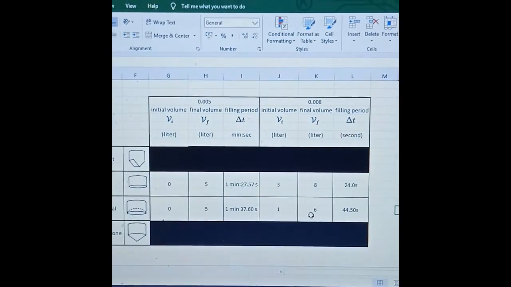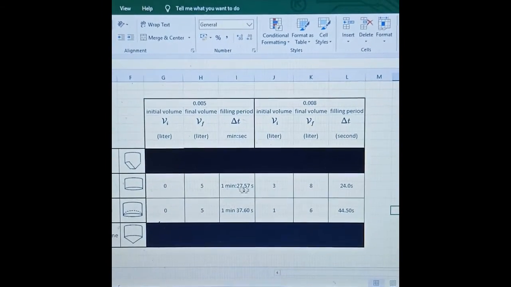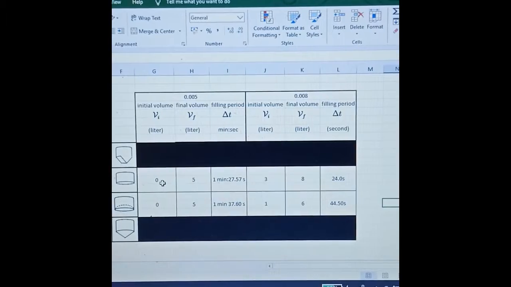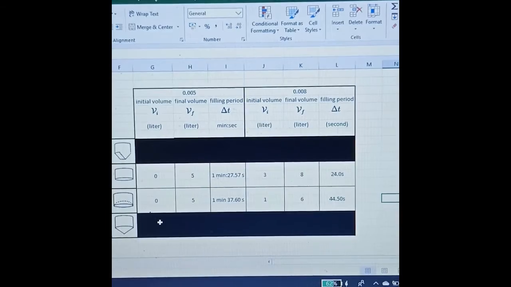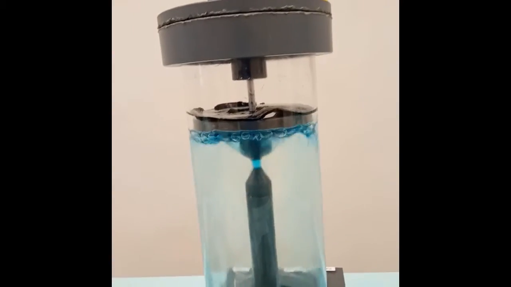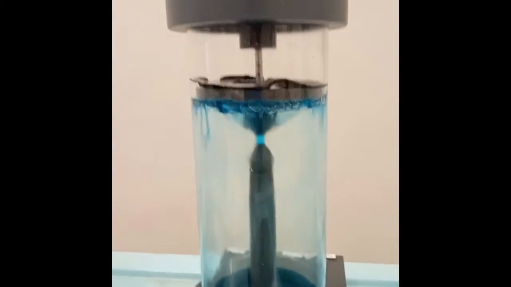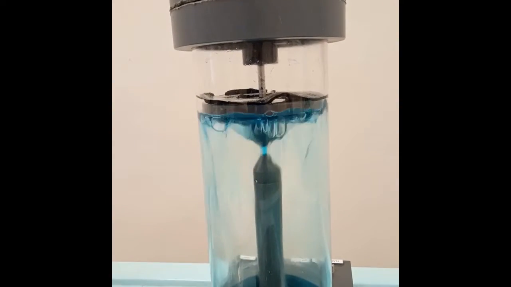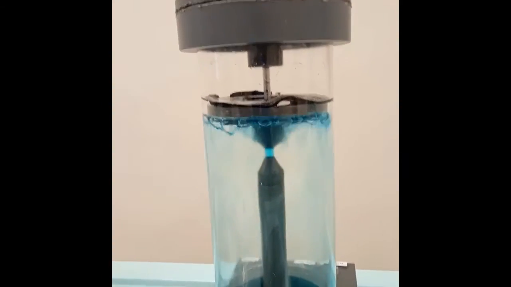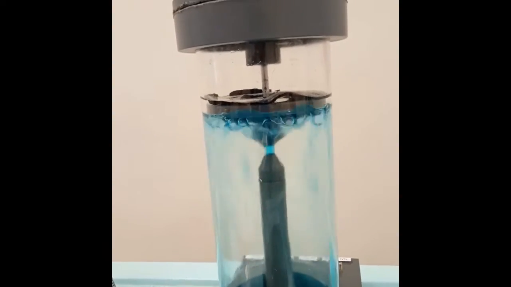The reason why we decided not to do the experiment for the 30-degree flat surface and the 120-degree cone surface will be given after this. This is the cone surface, and as we increase the flow rate, what we observe is that the pointer, instead of going up, is moving downwards.